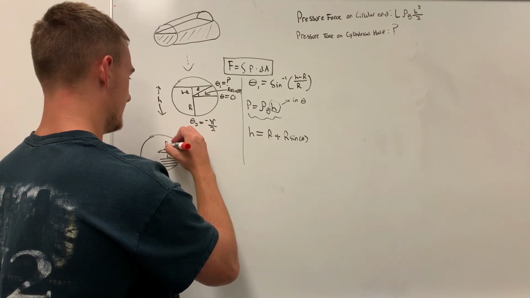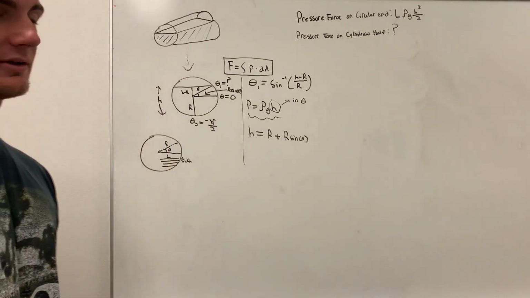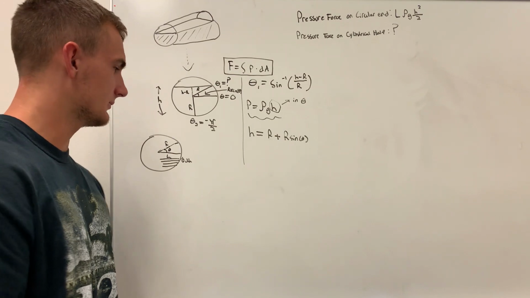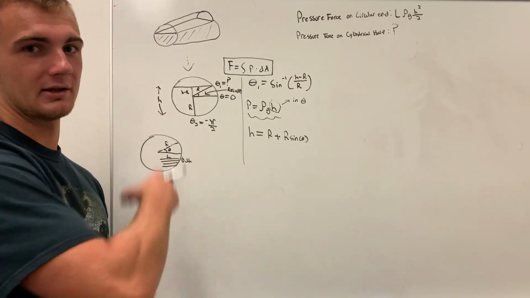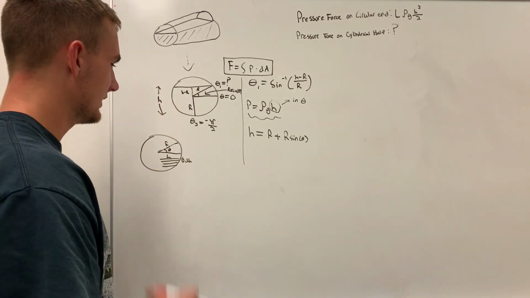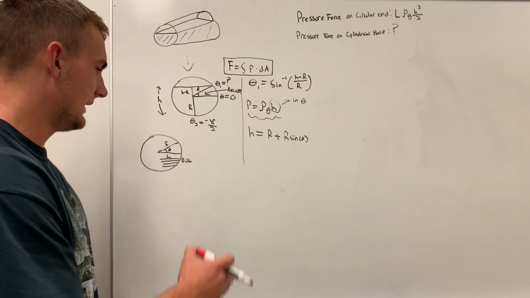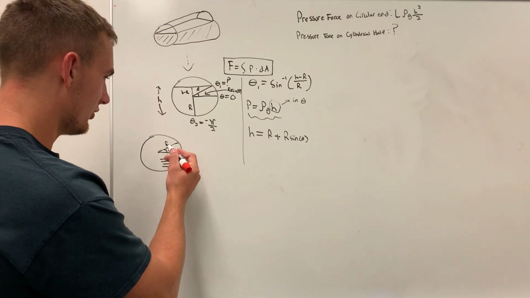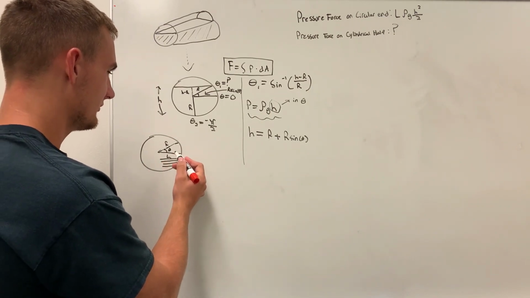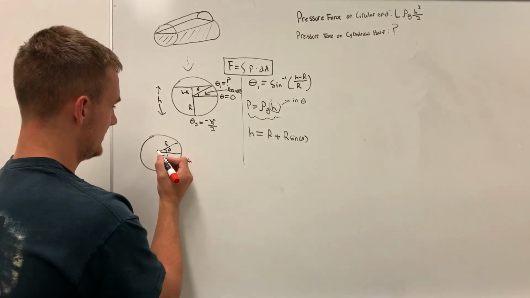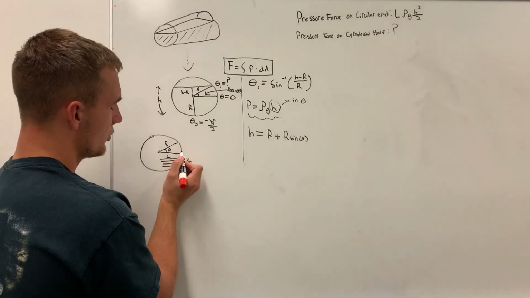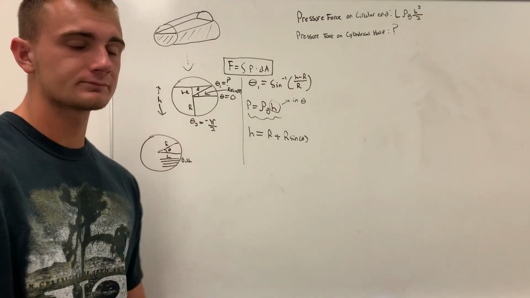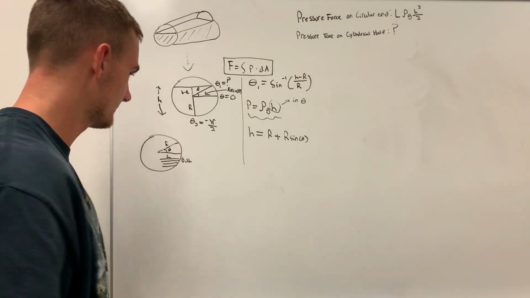So again, this is theta, and theta is going all around one half of the cylindrical barrel, and it could go around the other half as well. So we have R and theta. Well, L going down all of the side of the half of the barrel will just be R times the cosine of theta, since this right here is the width of the circle.